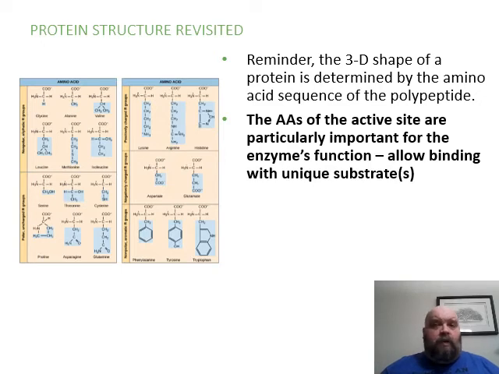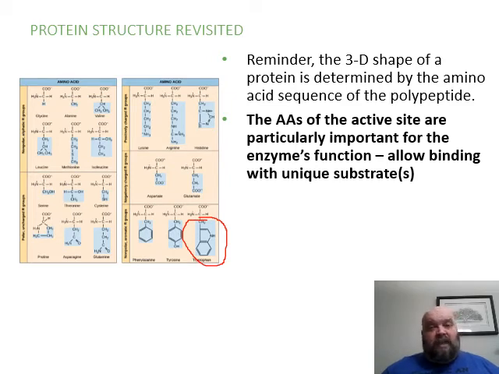And it's all going to be due to the fact that the active site, which is of the enzyme, and remember the enzyme is composed of polypeptides, the active site will have specific amino acids. Specific amino acids that have the R groups, as we see right here. The R groups are going to give that active site its microenvironment.